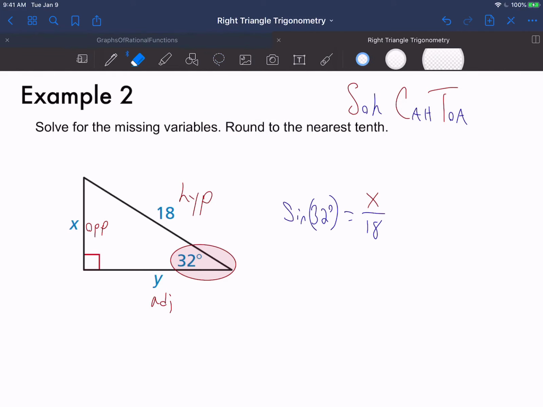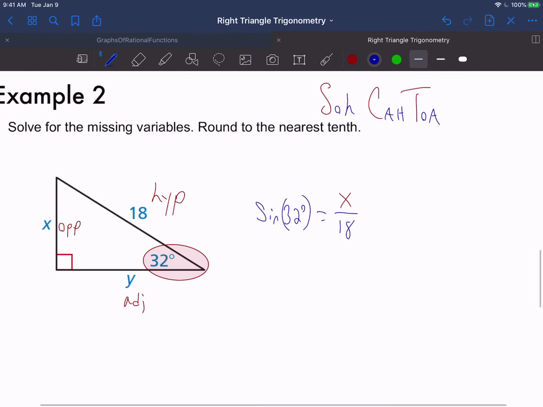So that's what we would use for that. So you could write also that the cosine of 32 degrees is equal to y over 18. We'll color code our variables. Okay, again, this looks a little bit weird, but technically you have a proportion that you can solve.